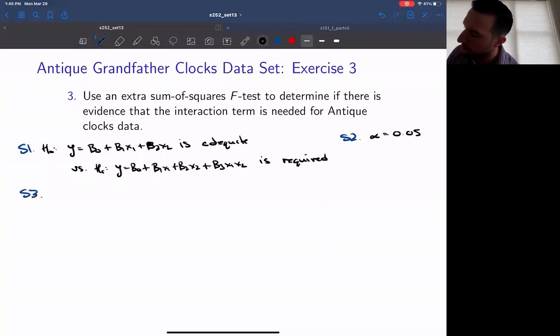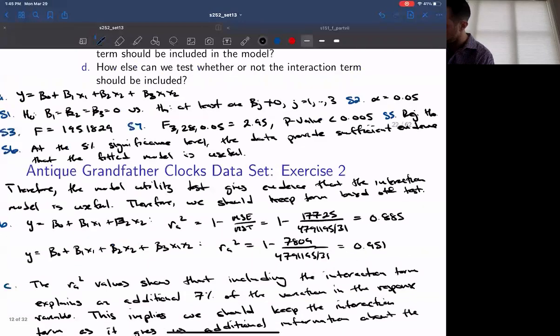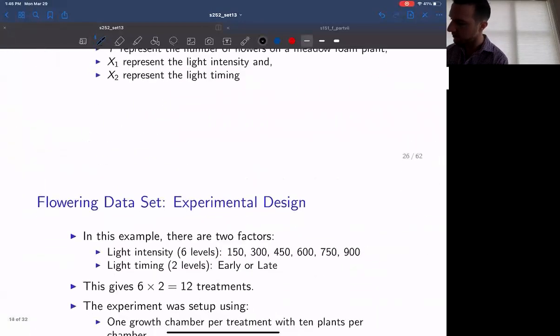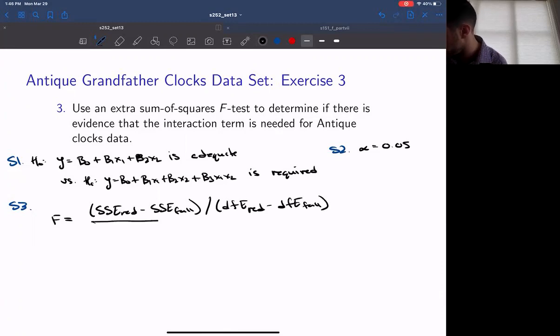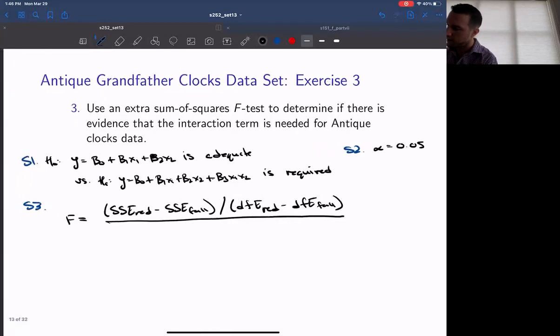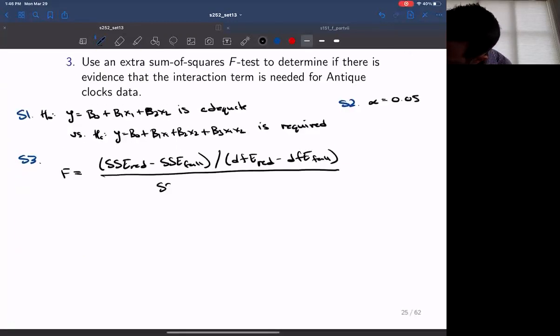Okay, so on step 3, we're going to have F is equal to SSE reduced minus SSE full divided by DFE reduced minus DFE full, divided by SSE full divided by DFE full.